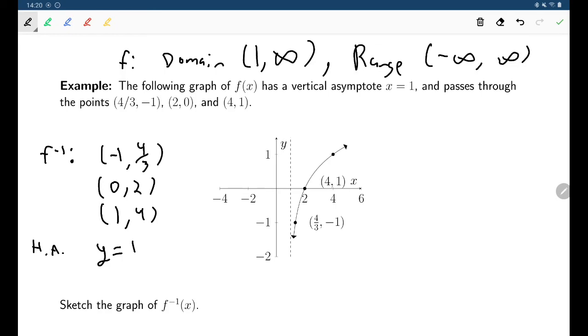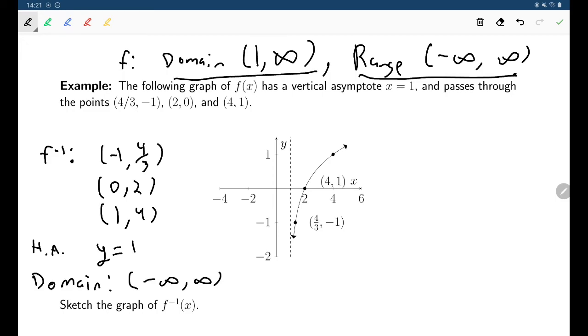So that means that if I'm thinking about f inverse, whatever the range was for f, those y values will be the x values for f inverse. Whatever the domain was for f, that would be the range for f inverse.